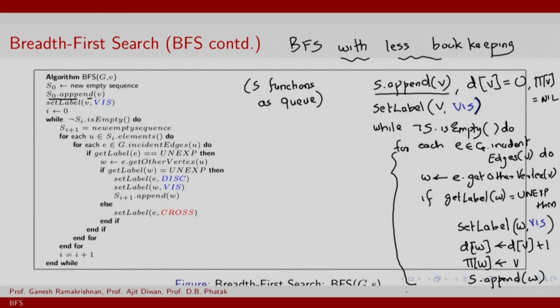So this we do by introducing a new label and stating the following: set label of V not to visited but to explored. This was a label that we have to explicitly introduce because we are managing now with one queue.